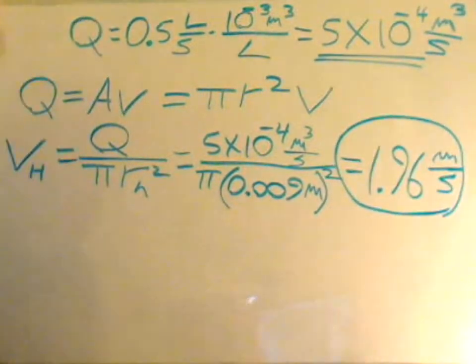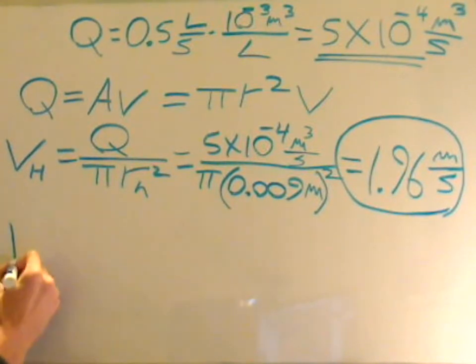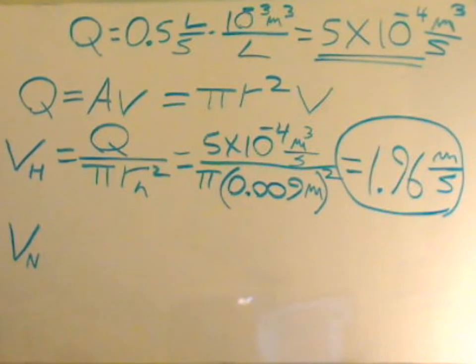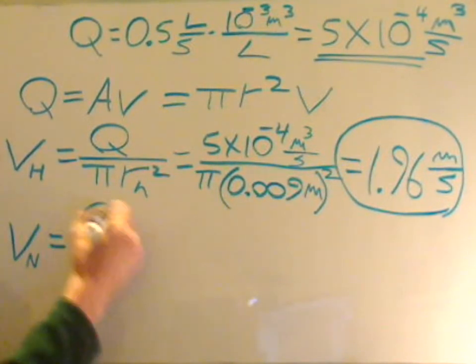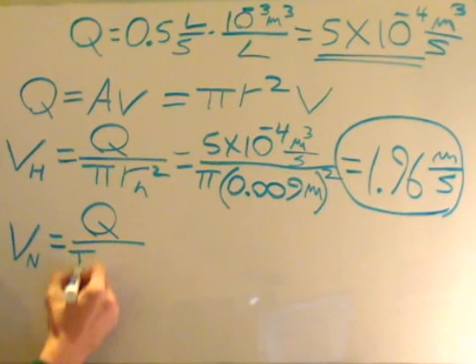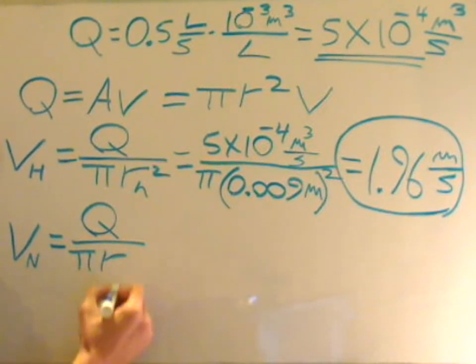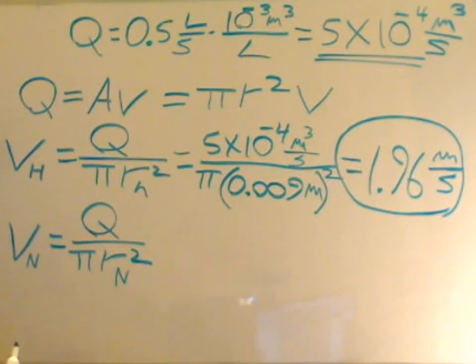That's the hose velocity. Now, if we want to know what the nozzle velocity is, the nozzle velocity is going to be the flow rate divided by pi radius of the nozzle squared, just as it was for the hose.